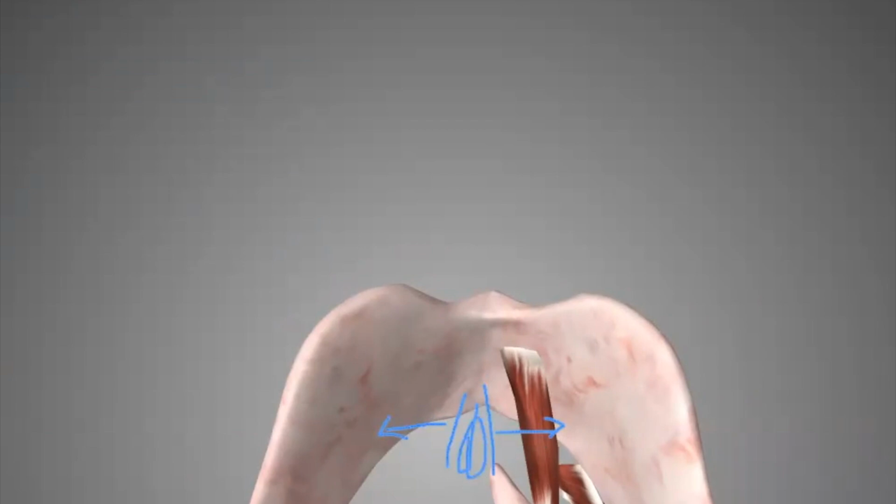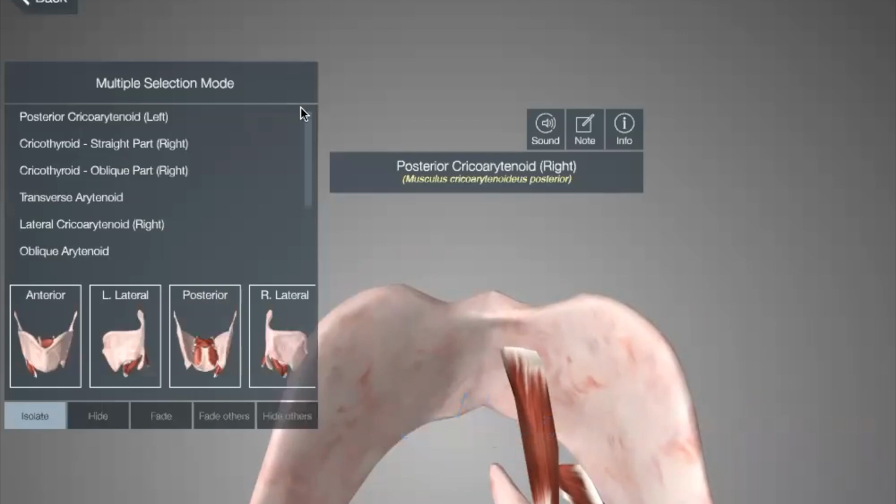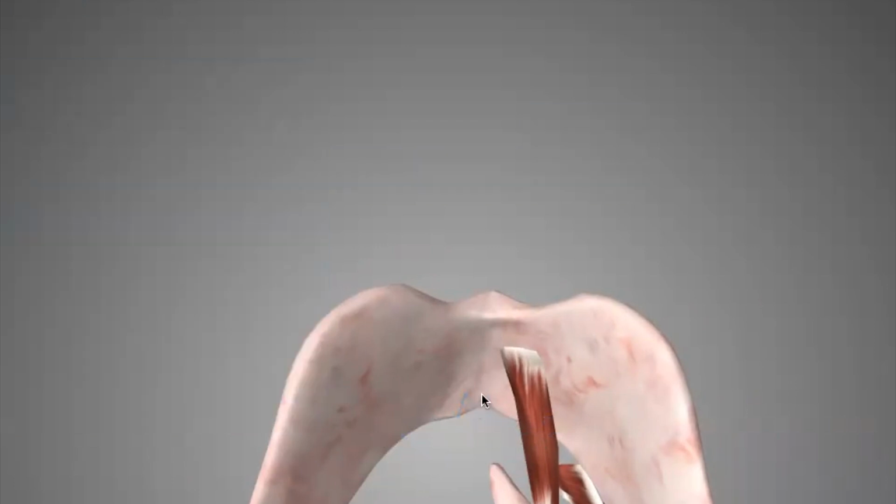See what I mean? Or not quite. These are the vocal cords. They're either tense, like very straight, okay, that's when they're tense.